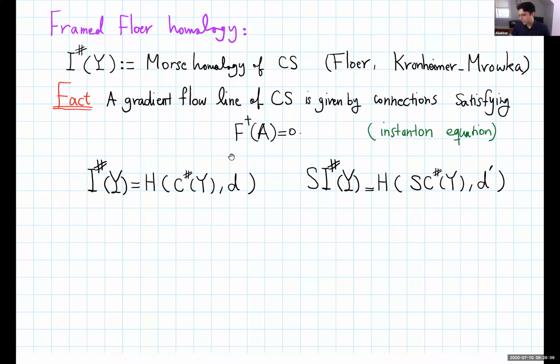Okay, so at this point we have two different invariants of three-manifolds. One of them is coming from gauge theory, which is this instanton Floer homology, and the other one is coming from symplectic topology, which is symplectic instanton Floer homology. These are both homologies of some chain complexes. The chain complexes in both cases are generated by flat connections on this three-manifold Y-sharp.